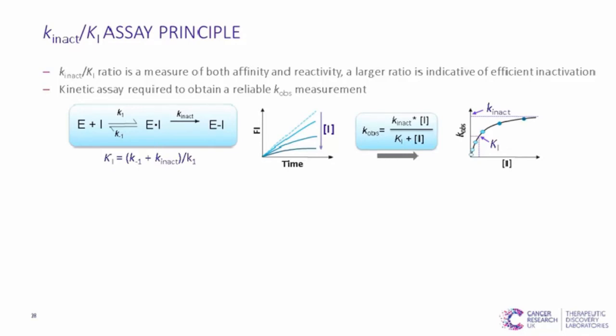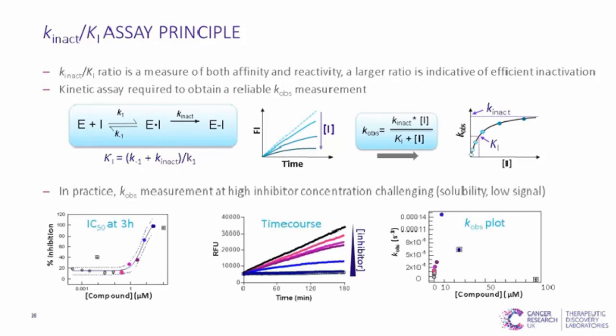A kinetic assay is required to obtain a reliable k-obs measurement. And the ratio of k-inact over Ki is a measure of both affinity and reactivity, and a larger ratio is indicative of efficient inactivation. In practice, as the inhibitor concentration increases, it becomes more difficult to measure the k-obs.